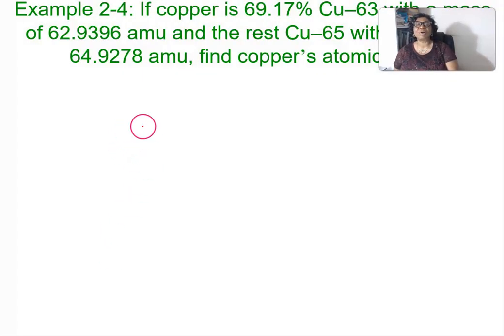We want to look at copper. Let's calculate for copper. We can see two isotopes in copper, copper 63 and copper 65. The percentage abundance of copper 63 is 69.17%, and the percent abundance of copper 65 is 64.9.